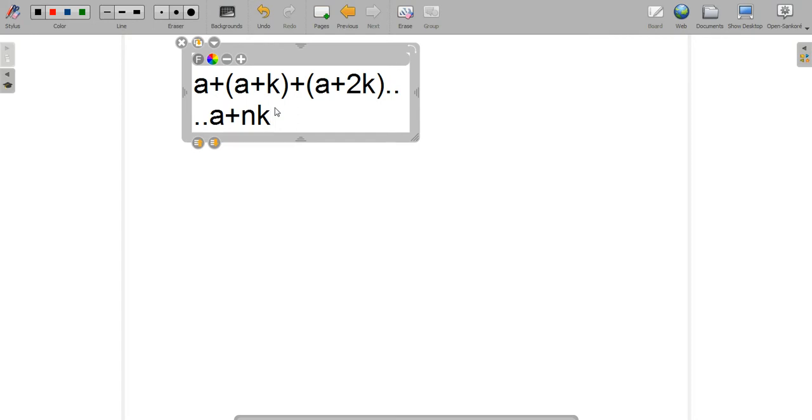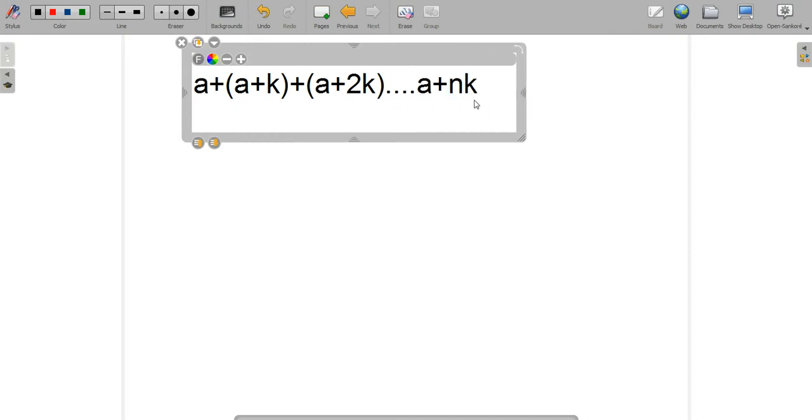N represents the last number, I guess. Remember, in this case, there's not N numbers because 1 starts here and it ends here, so there's N plus 1 numbers. Just remember that. I could have easily just represented this as A plus K, but this seems better for me.